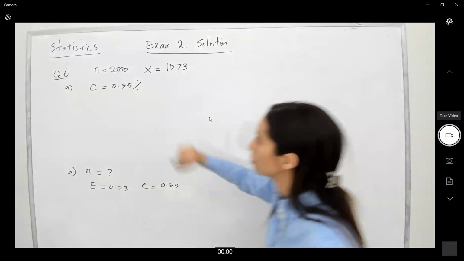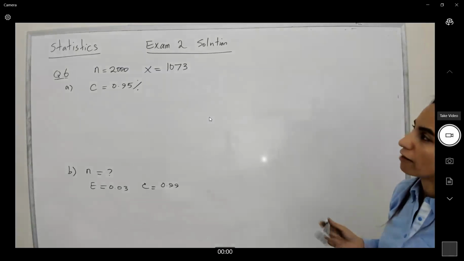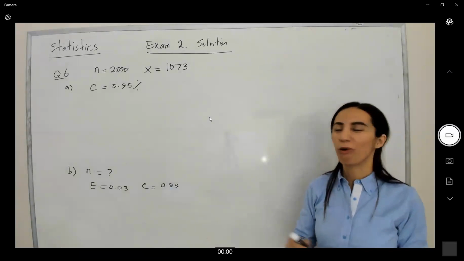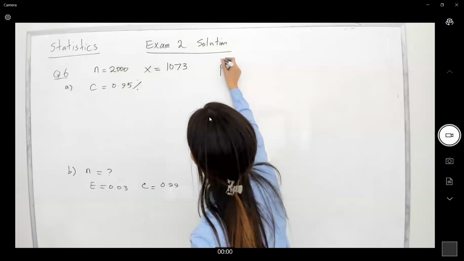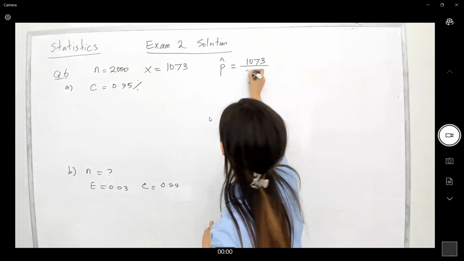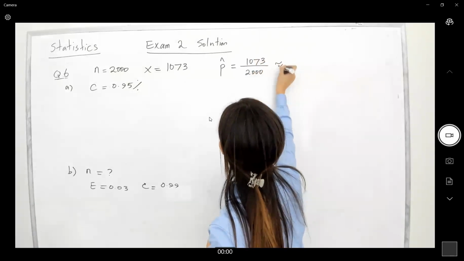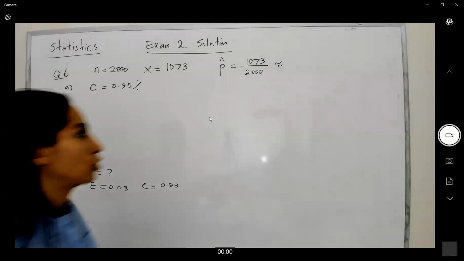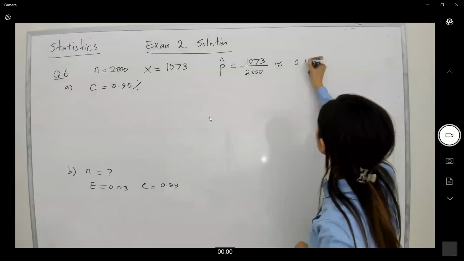Okay, so here we have n, we have x. It means that we can find our point estimate, which is the proportion. P hat is 1,073 divided by 2,000, which is approximately equal to, what is your P hat? 0.54.